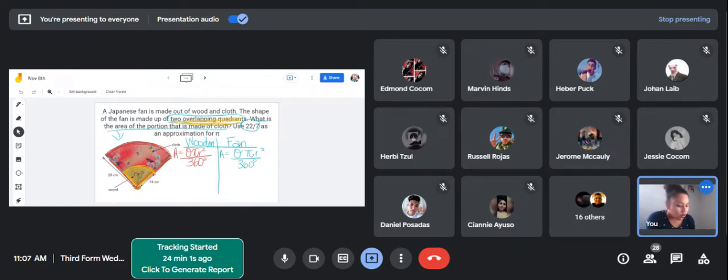So now, with that information, I am going to substitute for the wooden piece. Theta is 90 degrees, pi is 22 over 7, and what is the radius? 7, miss. So, are you sure? 14.